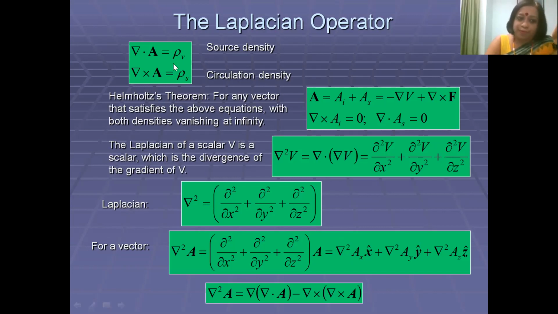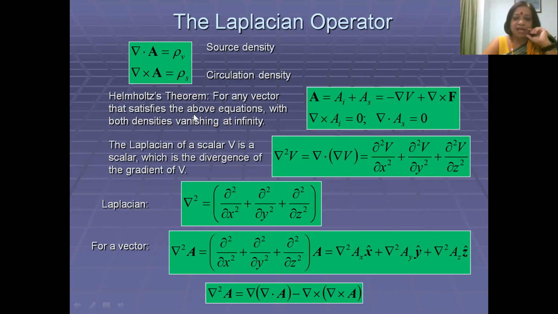So by analogy, no matter what the field A stands for, if it has a non-zero divergence, then that finite non-zero divergence can be considered to be the source density rho V. Similarly, curl of A equal to rho S is the circulation density. You actually know why this is circulation density because you are familiar with magnetostatic fields, but we will see about that later.